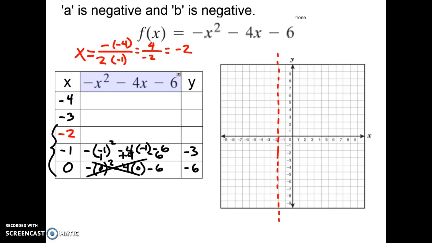Then negative 2 here, we would have a negative, and then negative 2 squared minus 4 times negative 2 minus 6. So we have negative 2 squared, which is 4, but the negative out front makes this a negative again. This is going to be 4 times negative 2, so this is actually going to be change, and we're going to be adding 8 minus 6, and then this will give us a negative 2.